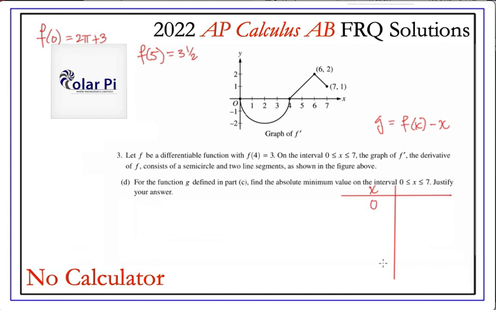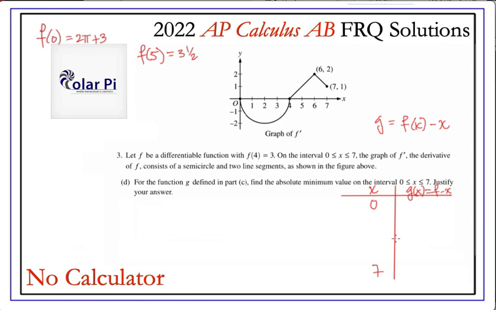So first, let's put 0 and 7, because they're both endpoints, so we know we need to consider their value for g of x, which was f of x minus x. I'll just write it simply as f minus x.